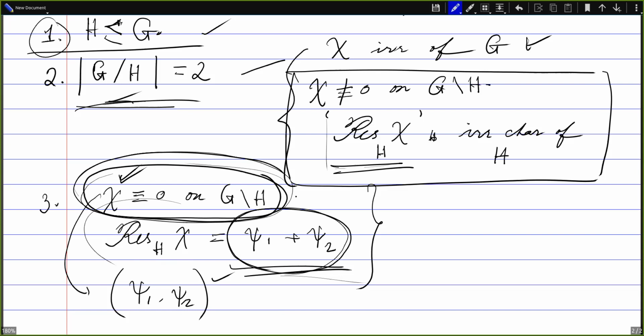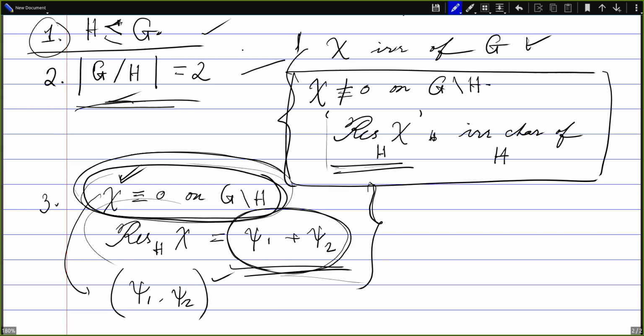Okay, so thus we have an idea of how to find the irreducible characters of H when H has index 2. For the first group, the situation is in fact perhaps the most ideal one. But in the second case, it is slightly non-trivial, because after the restriction, you have to split them as a sum of two irreducible characters of H. But in practice, the first situation occurs more often than the second one.